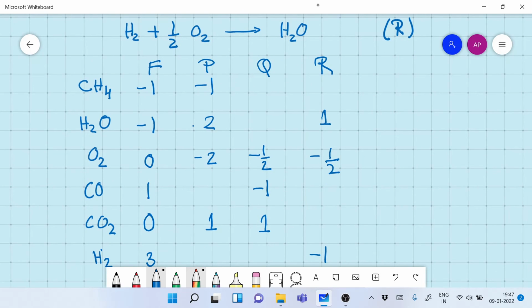So we take Q plus R minus P and apply it to the oxygen. So -1 by 2, -1 by 2 plus 2. So that makes it not equal to 0. This is -1. So alternative D is out.